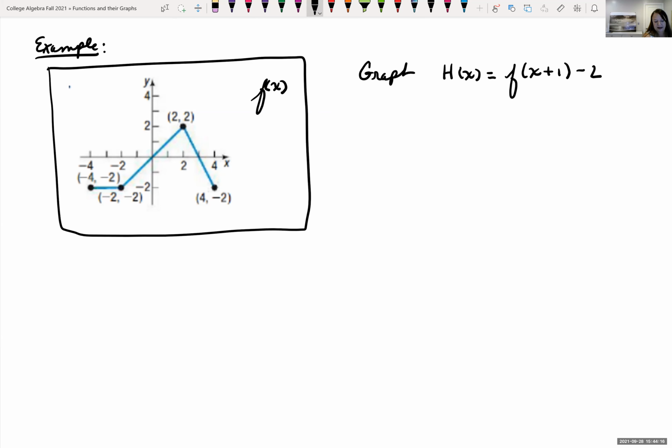So this shifts the graph to the left one. This -2 outside, this is affecting the y value, so this shifts it down 2.